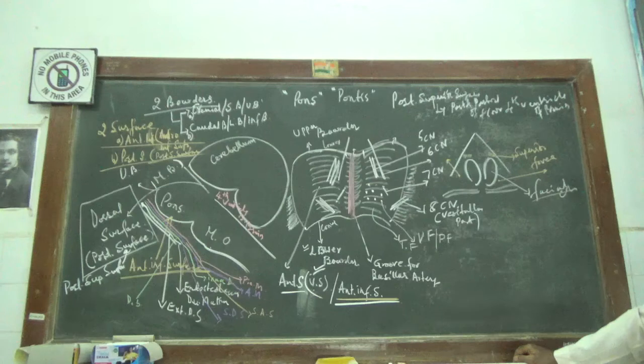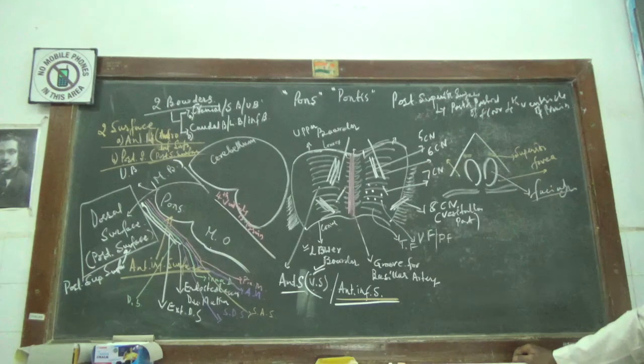the pons forms three important things. What are those three things?